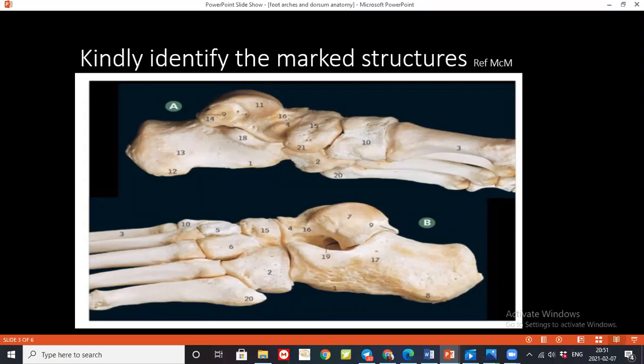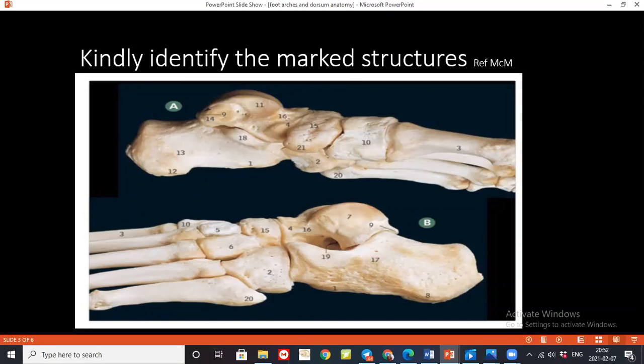Can you please identify 9? So 9 is the lateral tubercle of the talus. What is 5, please? So 5 is the intermediate cuneiform bone.